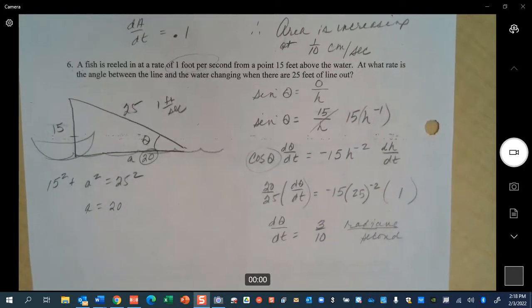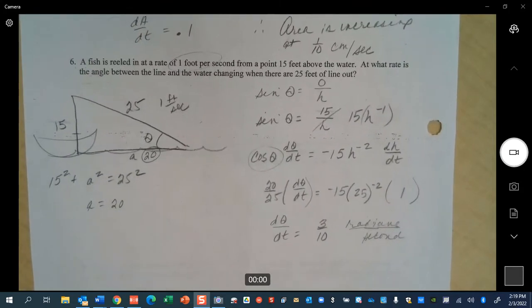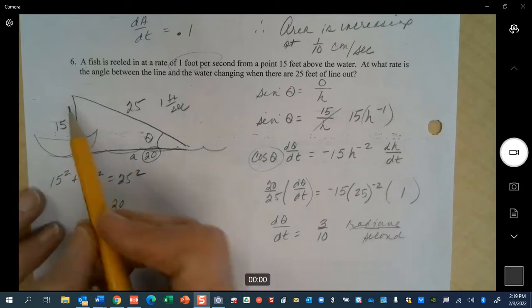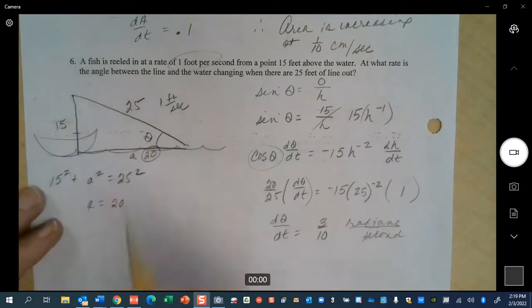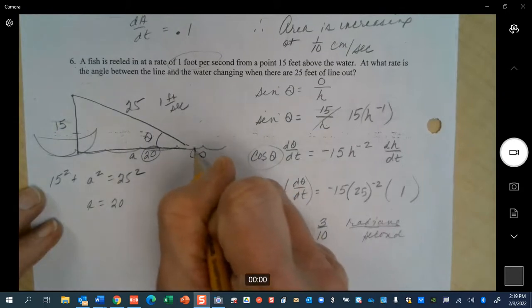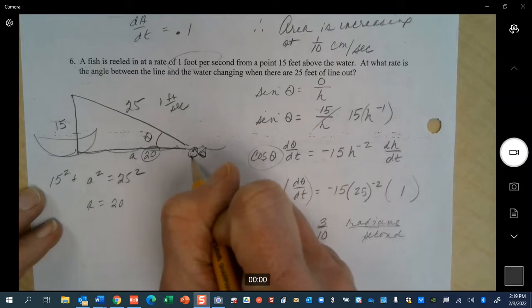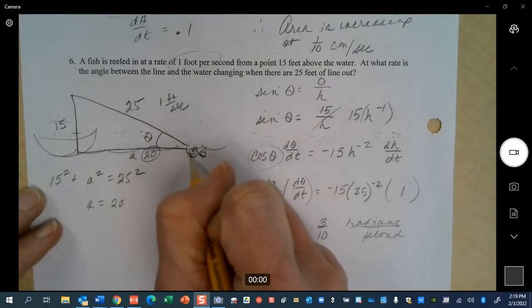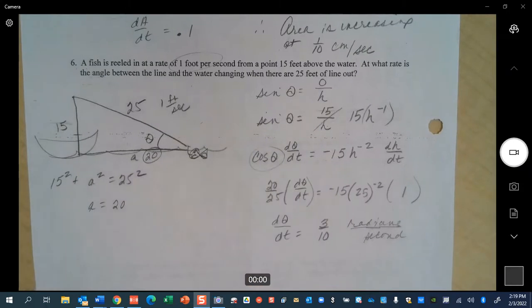A fish is being reeled in. Picture, I don't know, I guess I have a fishing rod that's 15 feet above. Here's my fish. He's very sad that he bit the hook. So he's being reeled in, and as he's being reeled in, this triangle is changing.